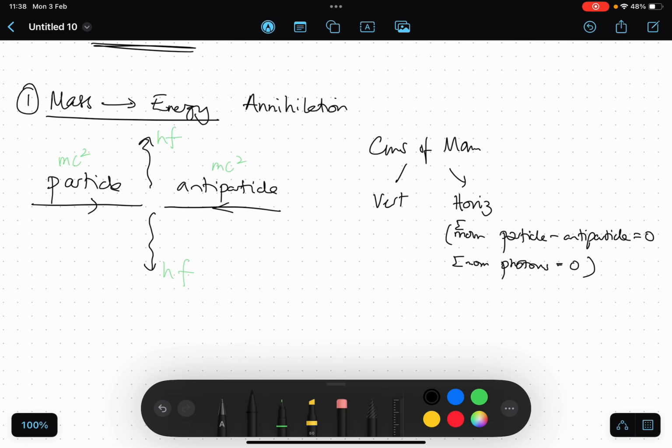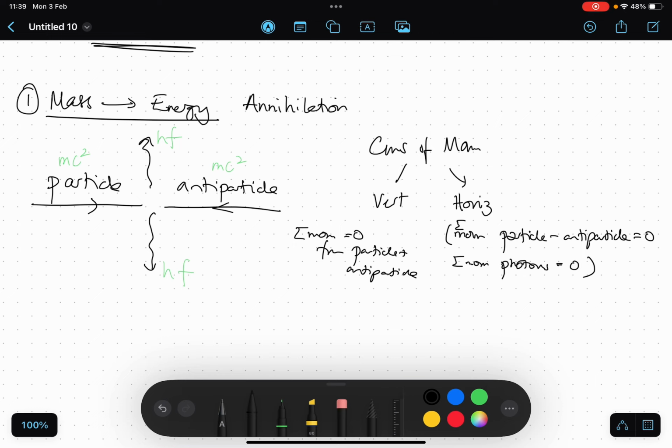Okay, what about vertically? Well, the particles have 0 momentum vertically. They're only moving horizontally. So we've got 0 vertical momentum from the particle and the antiparticle.